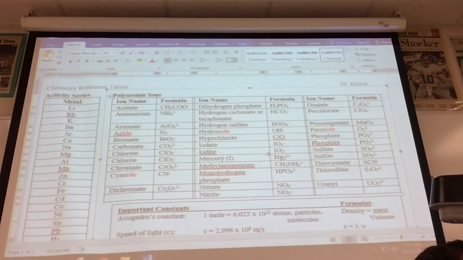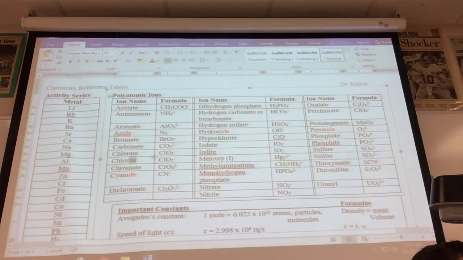IDE is correct. What you're seeing here is very few end in IDE. Most of them end in ate and ite. And when they end in ate or ite, they are oxyanions. They contain oxygen. So these are your polyatomic ions.